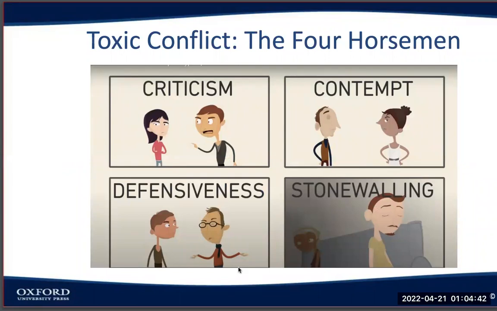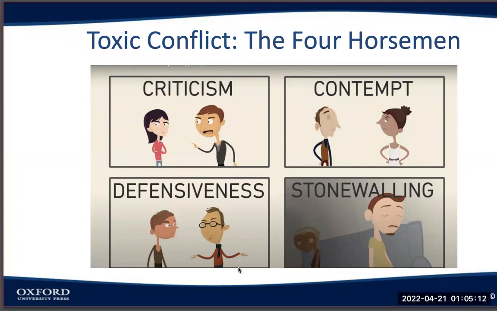So this is always an interesting topic, I think, in this chapter, and it is called Toxic Conflict, the Four Horsemen. Some conflict approaches are so destructive that they're almost guaranteed to wreak havoc on a relationship, and these toxic forms of communication have been called the four horsemen of the apocalypse, which is pretty extreme.